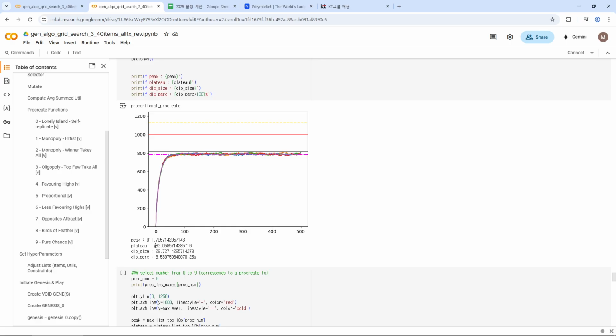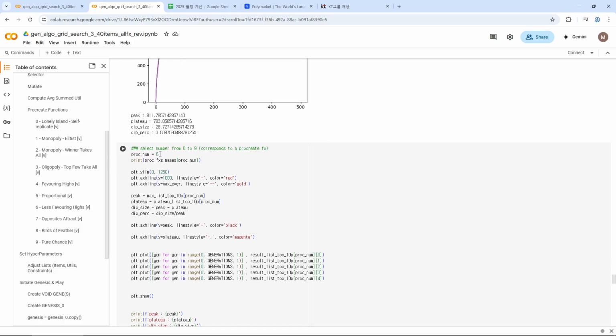And the plateau is at 783, the dip size is 28, and dip percentage is 3.5% only. But it's not that advisable, I guess. The entities are not evolving to their fullest or near fullest potential, and therefore there isn't much of a dip.